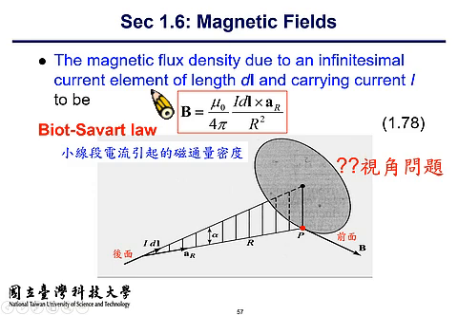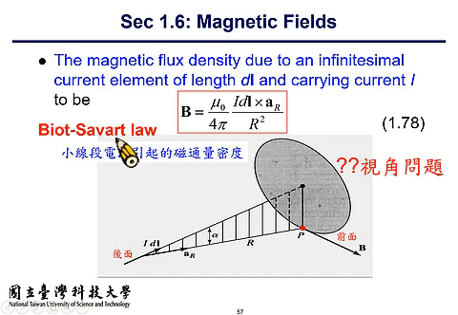So we already introduced the formulation for magnetic flux density, which is written as B. And this equation 1.70a has in fact a designated name, the Biot-Savart law.